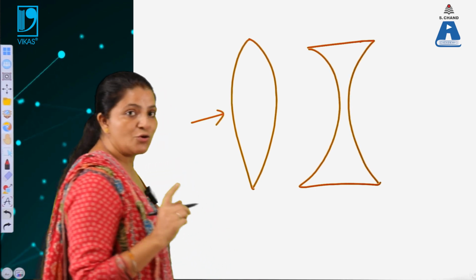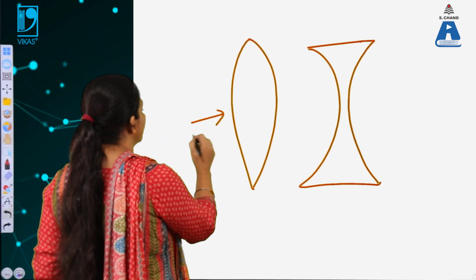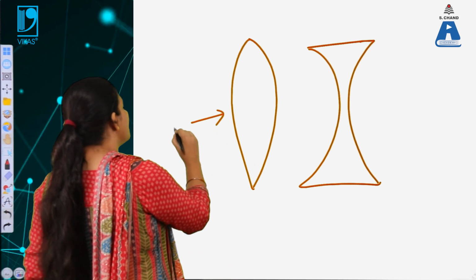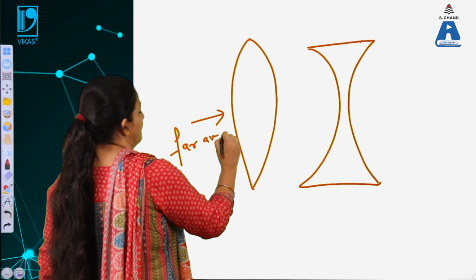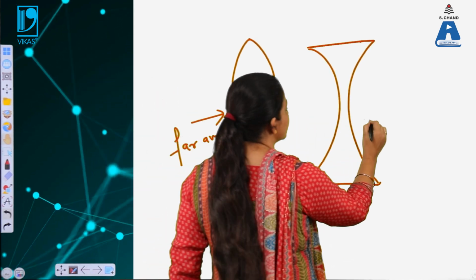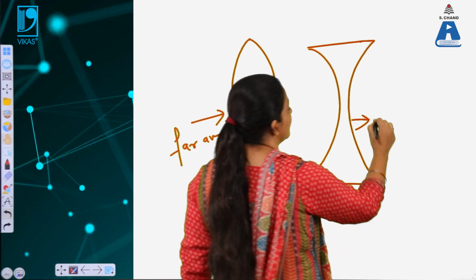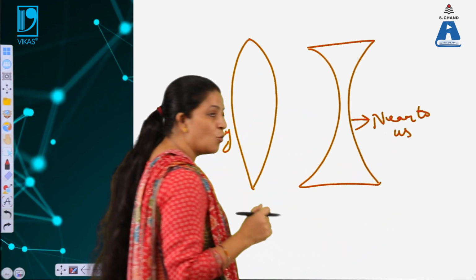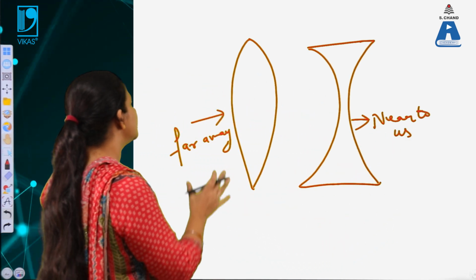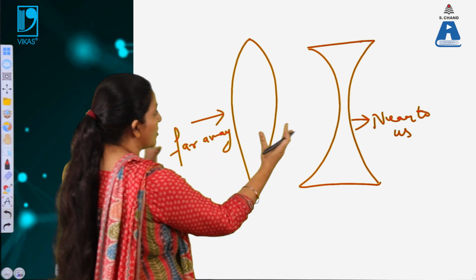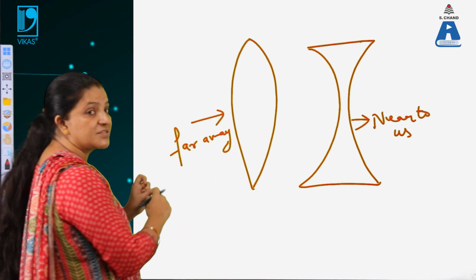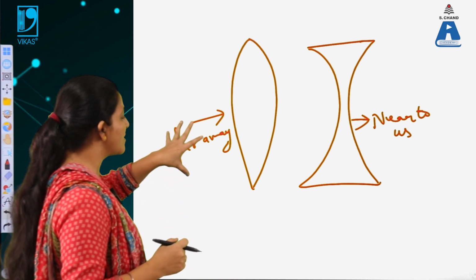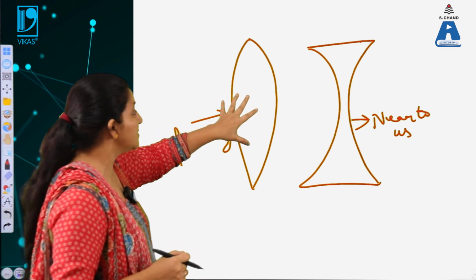So these lenses are used in order to focus the images of the objects which are present far away from us, while these are used when the objects are present near to us. So these are the two kinds of lenses used in this case. In order to focus the light which is reflected or refracted from the objects present far away from us, these kinds of lenses are used.